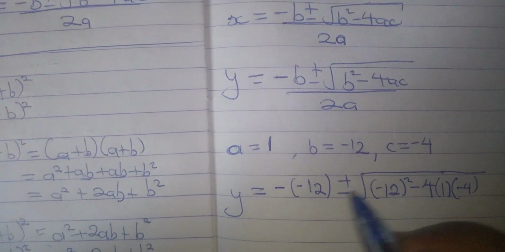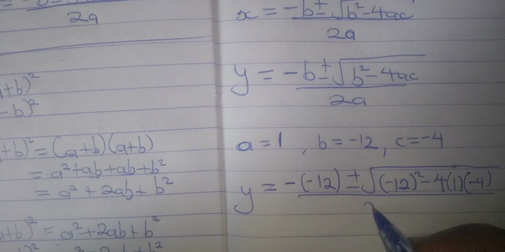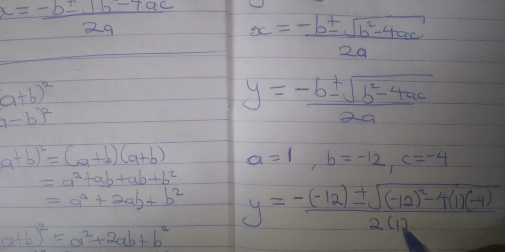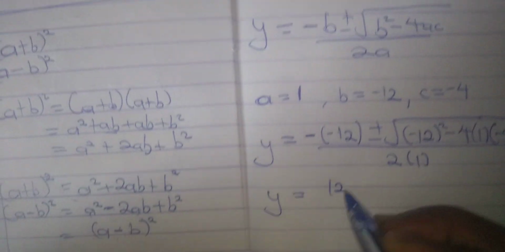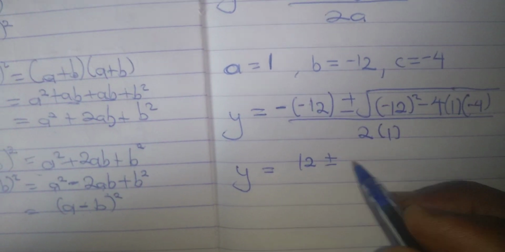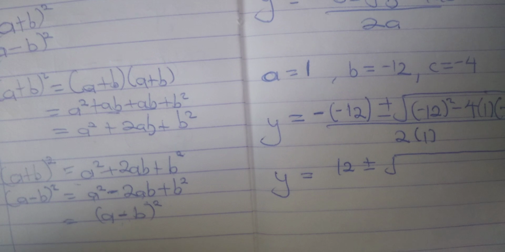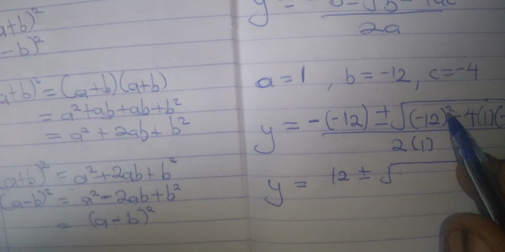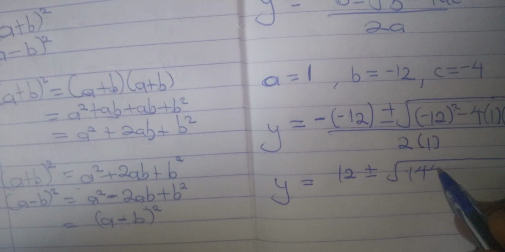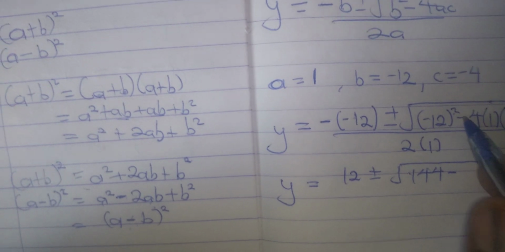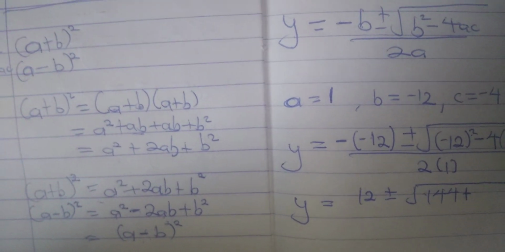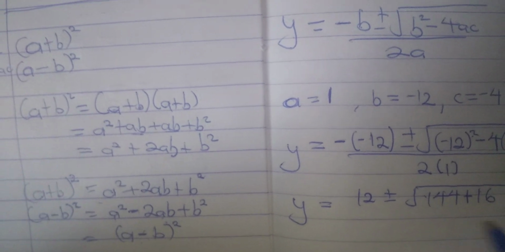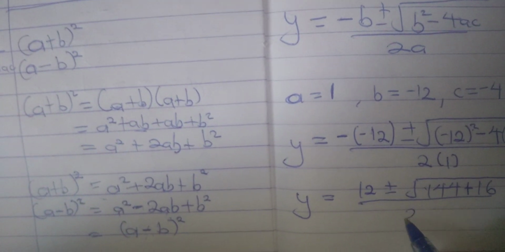So for simplicity you can use brackets, and 2 times our a, which is 1. So our y equals negative times negative 12, we get 12, plus or minus the root of, when you square 12 you get 144, minus a negative times a negative 4, we get a positive, 4 times 4, 16, over 2.